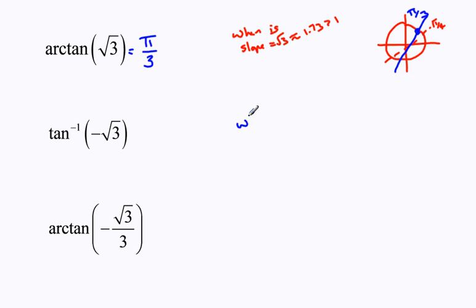All right, let's try this next one. Now we're going to do, when is the slope equal to negative root 3, which is steeper. I'm going to use steeper than negative 1 because it's about negative 1.73.